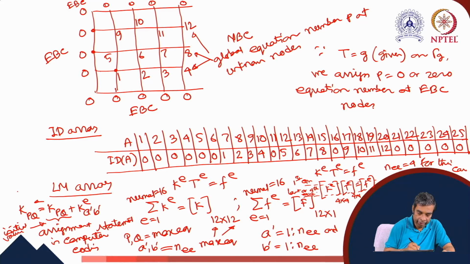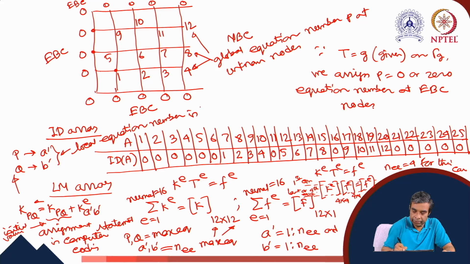Now here, capital P corresponds to F prime, and capital Q corresponds to B prime. F prime and B prime, the right hand side quantities, represent the local equation number index.